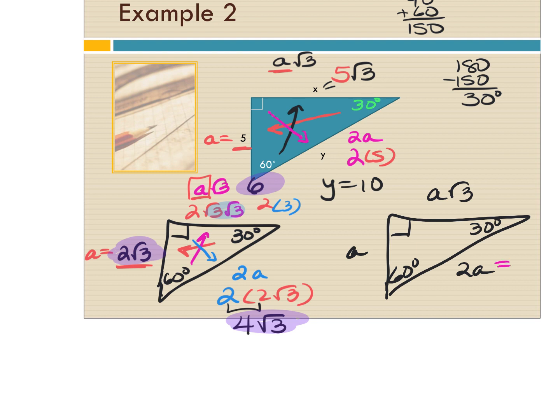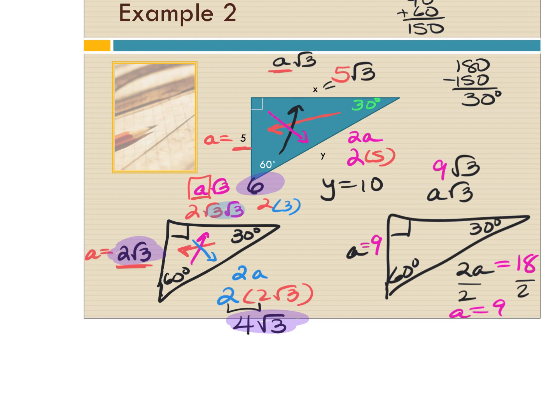So let's say I tell you that this side has a length of 18. Well, in order to get A, we need to solve this equation. So divide both sides by 2, and A equals 9. So then I put 9 over here, and then this side is just going to be 9 with the square root 3 behind it.